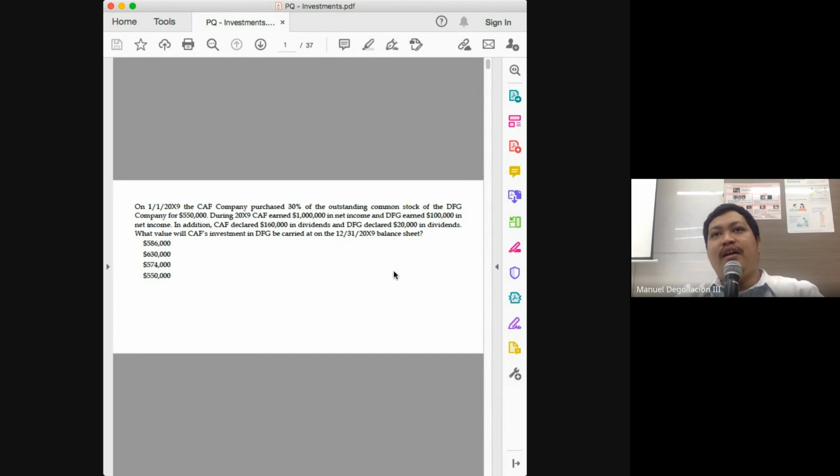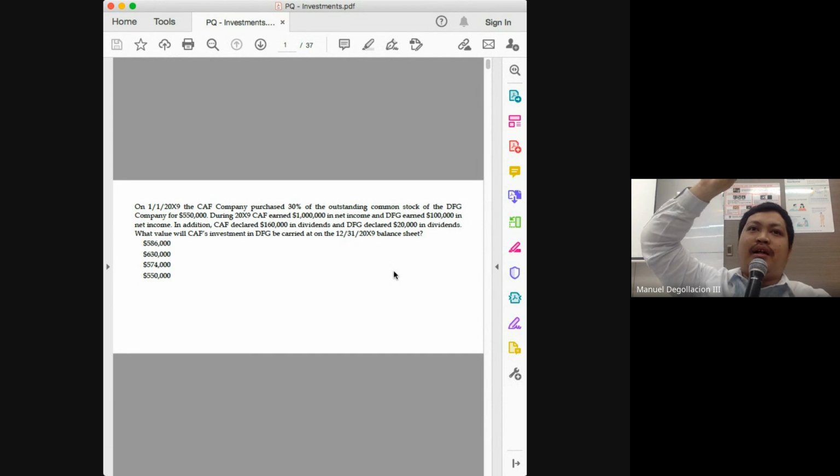And do they also have a claim over the profit of the investee? Yes. Okay, so what's my point? You increase the investment in associate account every time the investee has a profit, but the amount that you will add to your investment account should not be the entire profit of the investee, but only your share. Okay, I hope that makes sense to you.